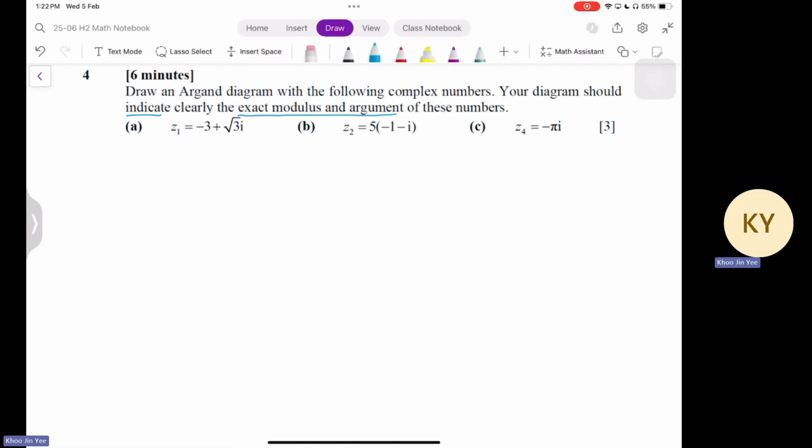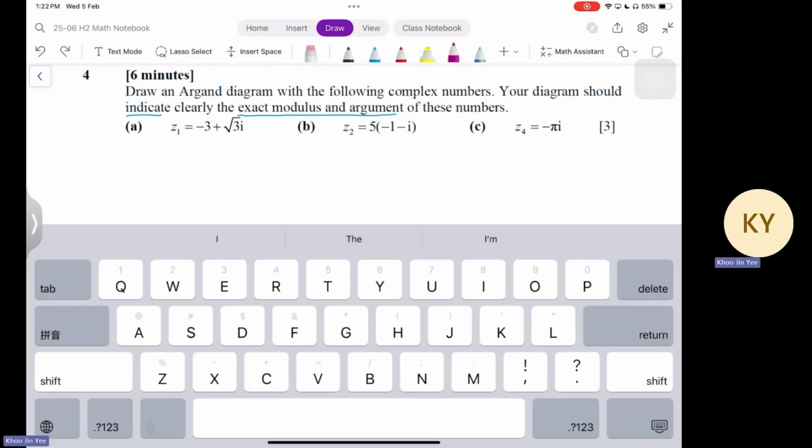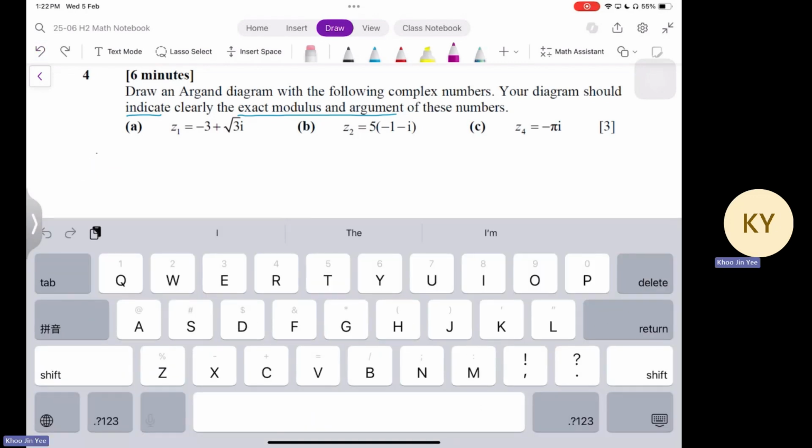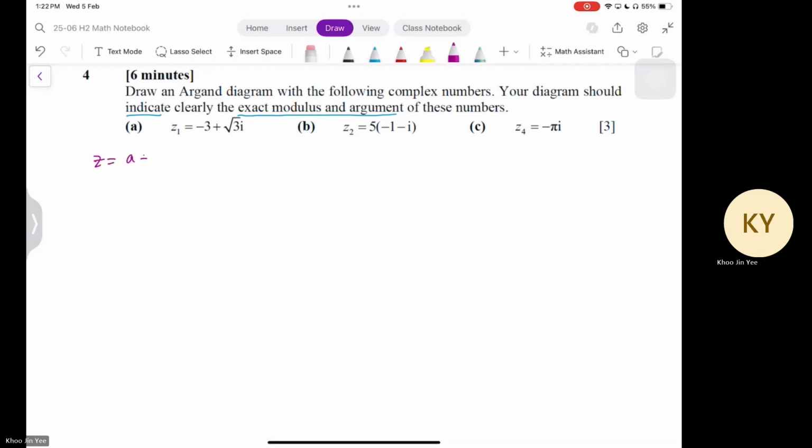Okay, so Z1. Wait, before that, the modulus of any complex number: if this is your complex number, the modulus will follow Pythagoras theorem. Very easy.